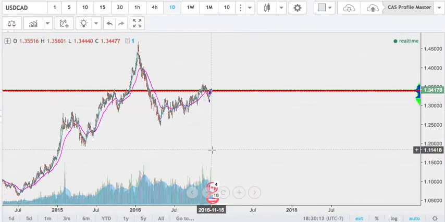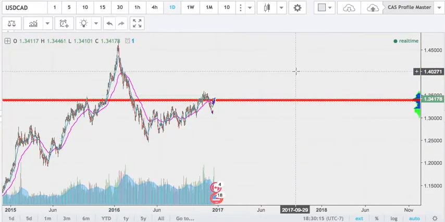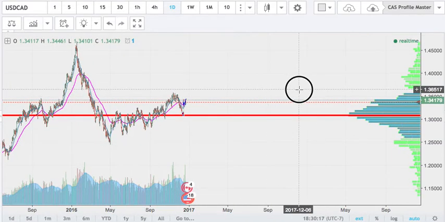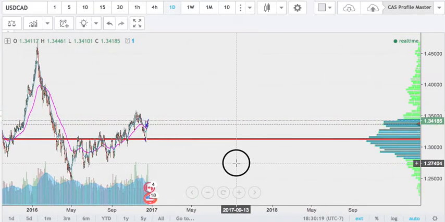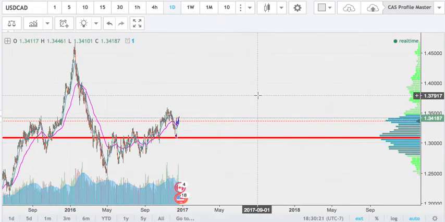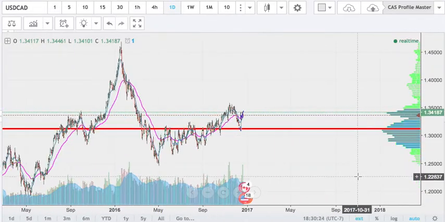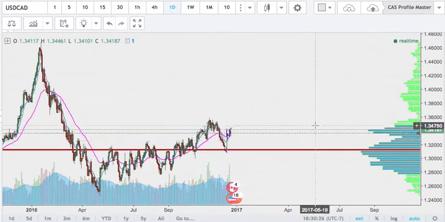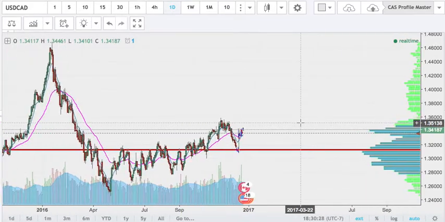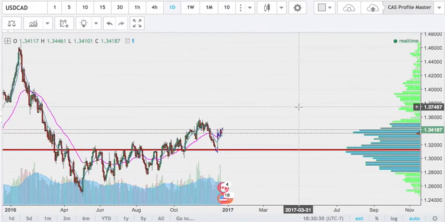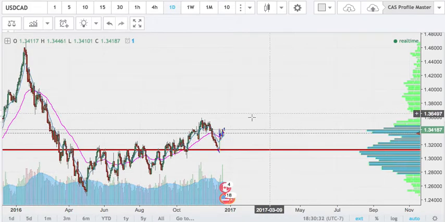And then if I look out a year, I'm going to go back to the start of 2016, just so you can get a little bit further in time. The longer we go back, the more strength the charts have as far as market profile. The more time, the more participants, the more strength. So here's where we are.